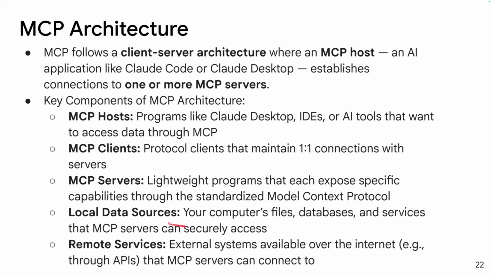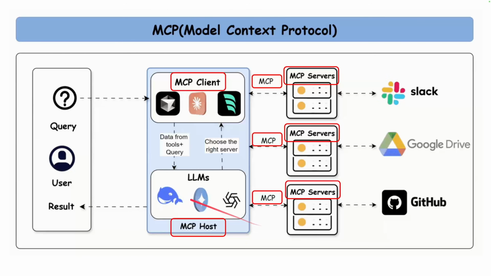Then you have local data sources that the MCP server can access, such as your PostgreSQL, your SQL Server, or other databases or services. And then you have remote services that the MCP server can provide access to. So it looks something like this.